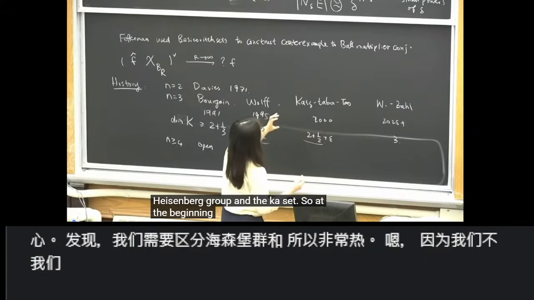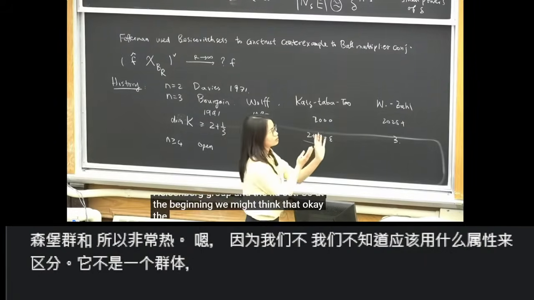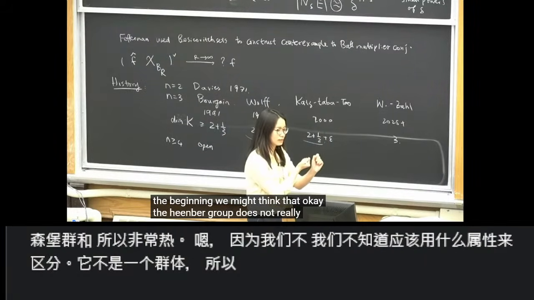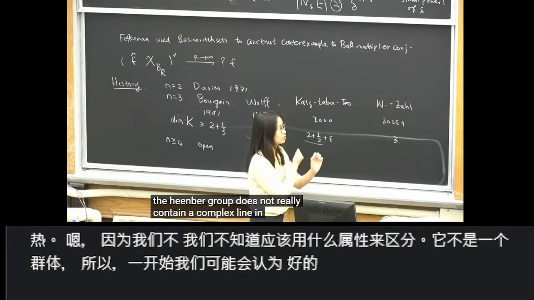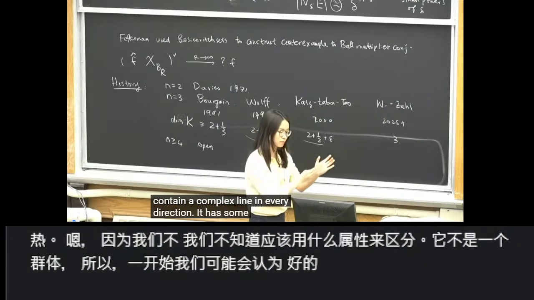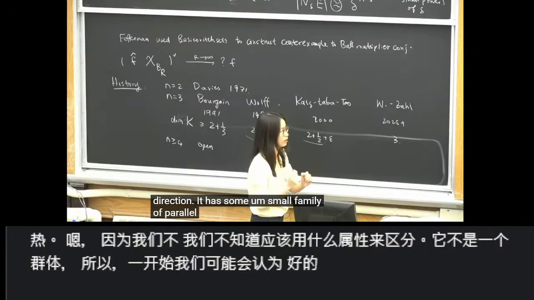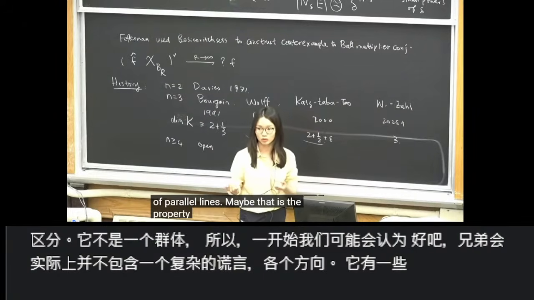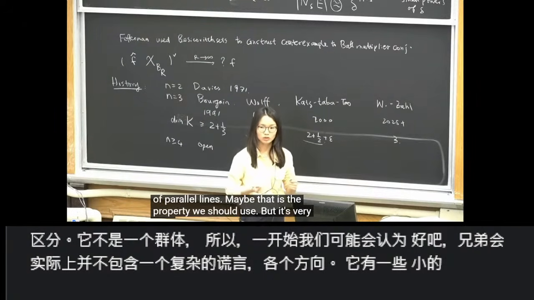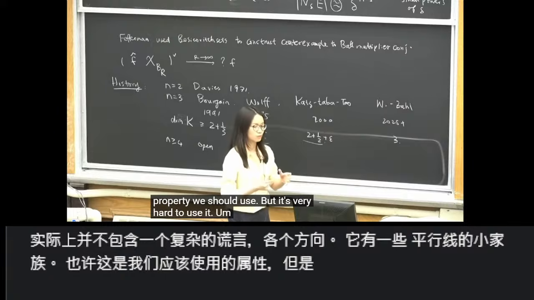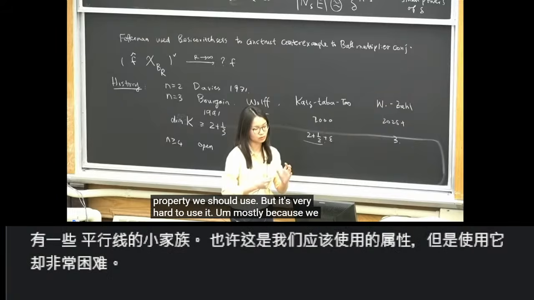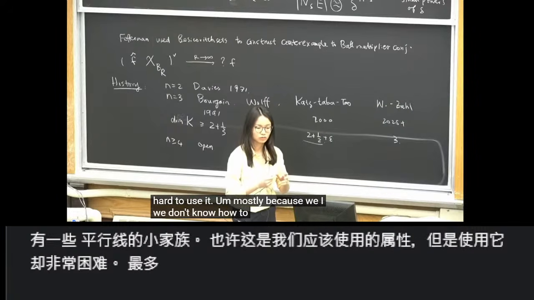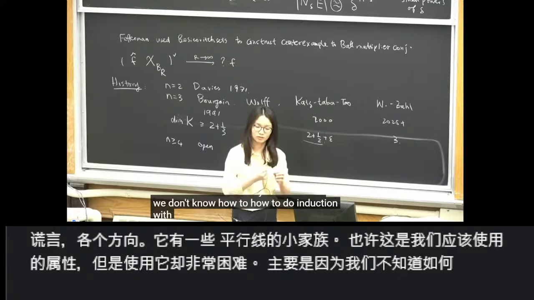At the beginning, we might think that the Heisenberg group does not really contain a complex line in every direction; it has some small family of parallel lines. Maybe that is the property we should use, but it's very hard to use it, mostly because we don't know how to do induction with this property.